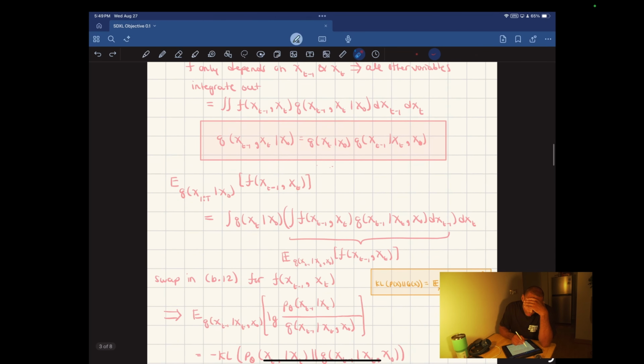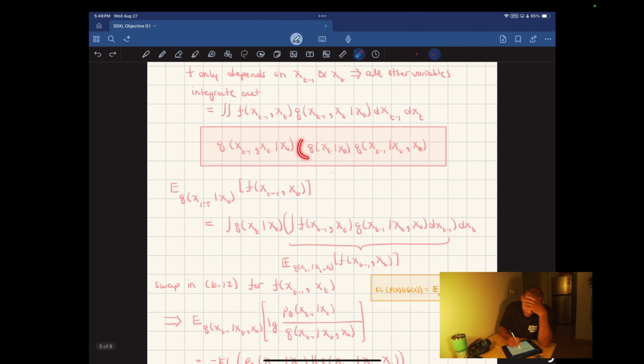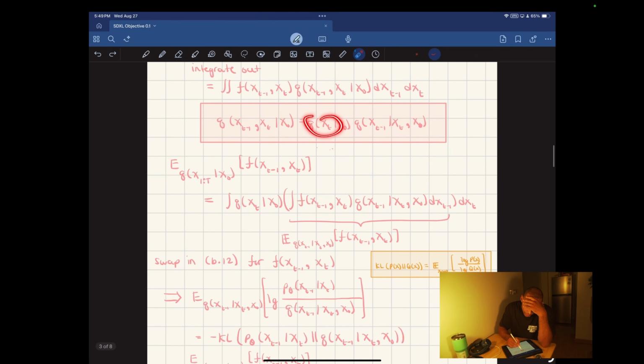So now we know this identity. We've been over this identity in the previous video from Bayes' rule, okay? And so we're going to swap, we're going to put this right here. When we do that, we're going to group these two integrals.